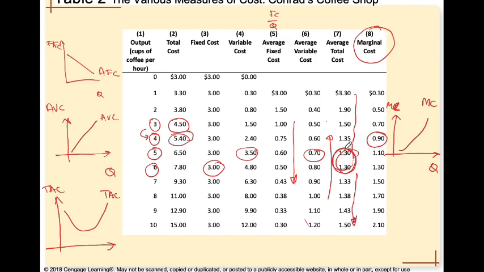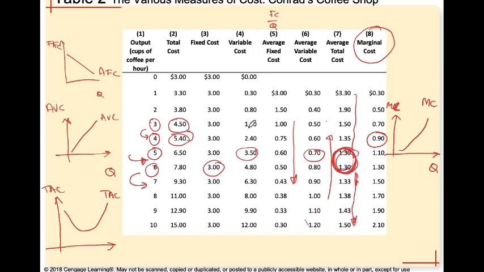So firms basically want to figure out this point where the average variable cost is the lowest, and based on this, they decide how much to produce, because if they produce the seventh unit, the average cost starts to go up, and we were trying to minimize costs, minimize total average costs.